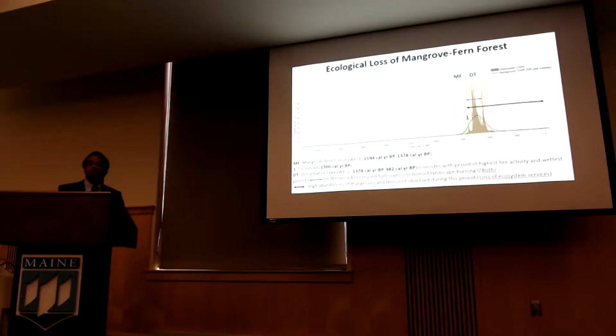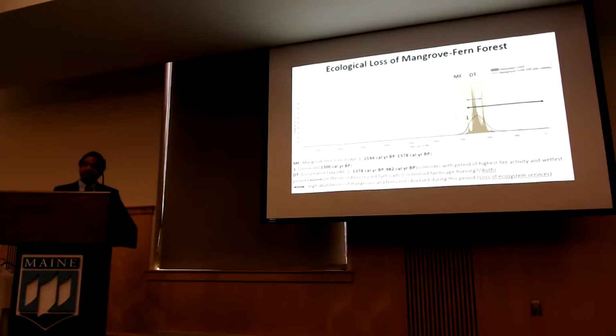These are associated with land clearance, farming, and disturbance on the landscape. This period with disturbance taxa, the yellow tile, also coincided with that blue arrow, which is a wetter climatic period. And it also coincided with the largest increase in fire activity that we saw in our record.